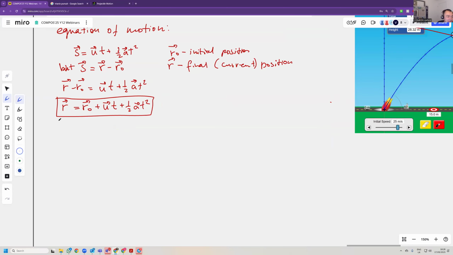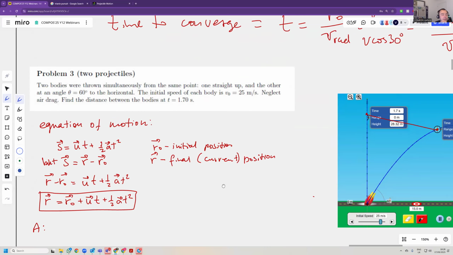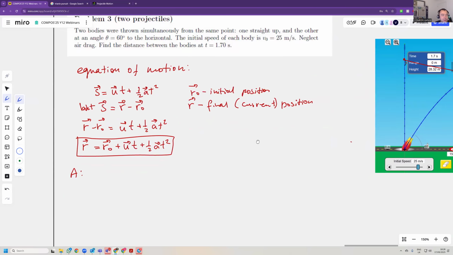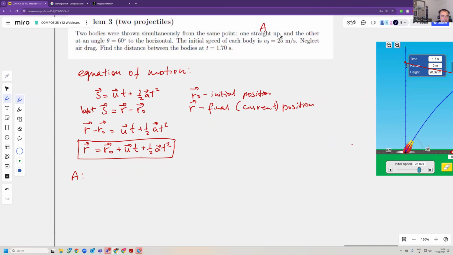Then for particle A, the particle goes vertically up. One straight up, let's call it A, and the other at an angle, B. So RA is equal to the initial position, which we can assume is 0, 0, plus the initial velocity.